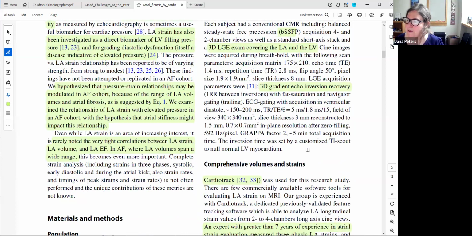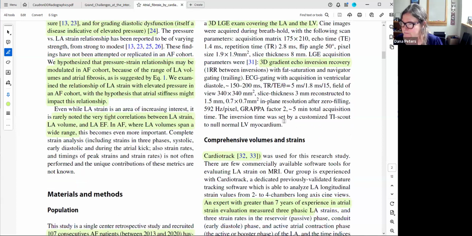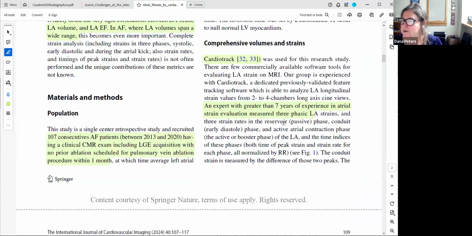This was pretty standard. It took 5 minutes total acquisition time, including the navigator gating. The resolution was 3 millimeter. This is the reconstructed resolution, 1.5 by 0.7 by 0.7, and the true resolution was about double that in every dimension.